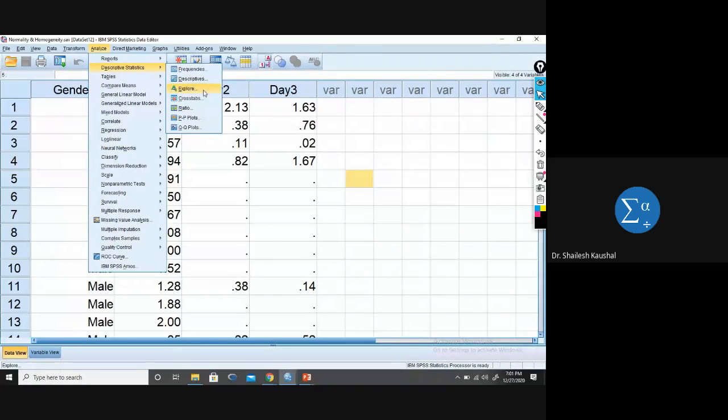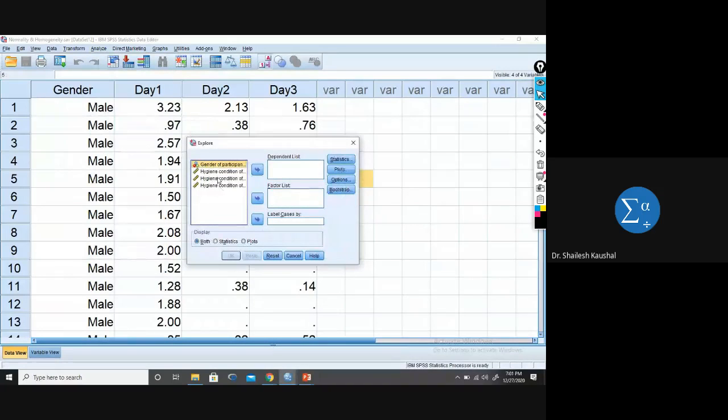Then I am selecting day 1 here, and day 2 and day 3. I have selected 3 variables, and then I move to statistics.